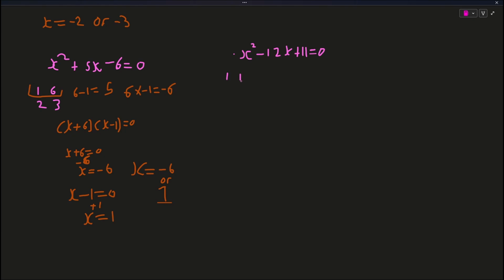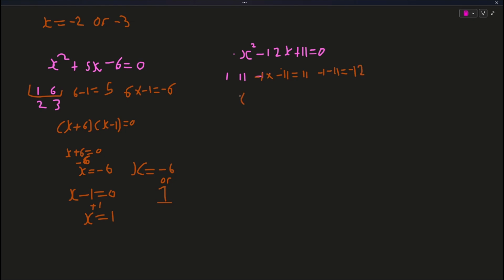There's only really 2, 1 times 11. And we want to get to minus 12. So minus 1 times minus 11. Does that work? Yeah, that gives us 11. And we have minus 1 minus 11, that gives us minus 12. So that's good.